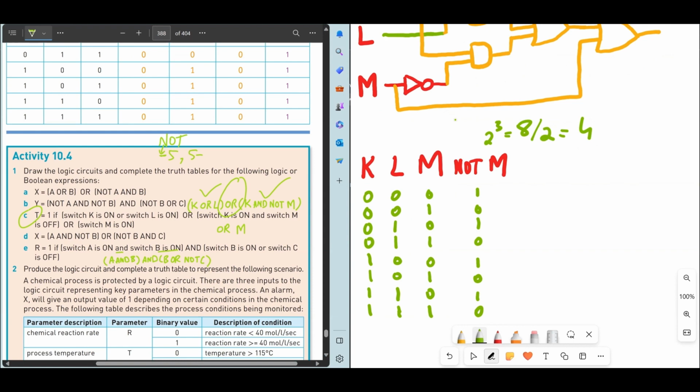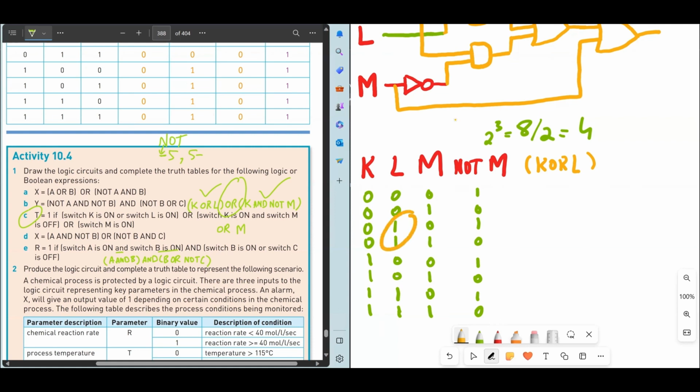All right. Now filling up the brackets K or L. K is the leftmost column, and adjacent to it is the L column. An OR gate will have an output of 1 if any of the inputs is 1.